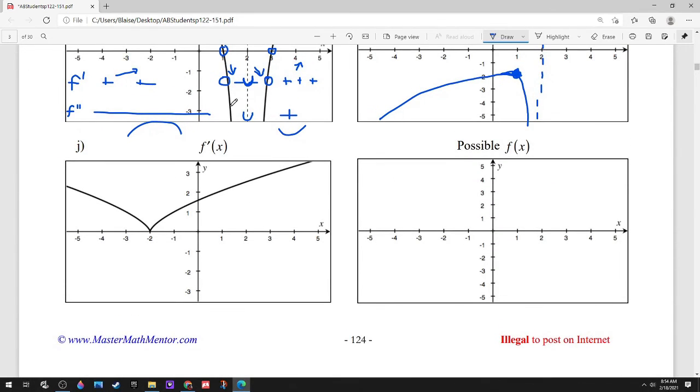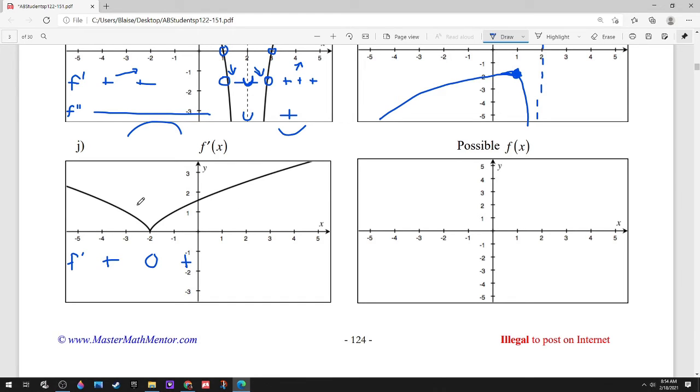Okay, now we've got J. Let's see. So at -2, that's not a zero. Well, hold on. F prime. That is a zero. F prime. We have positives before it. We have positives after it.